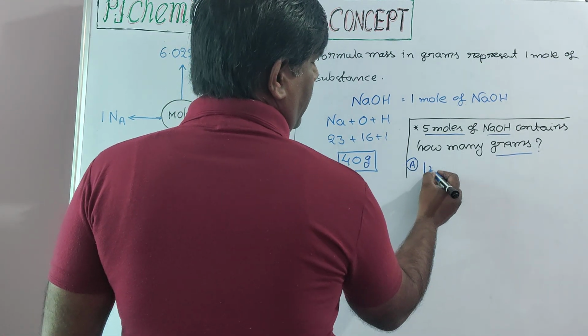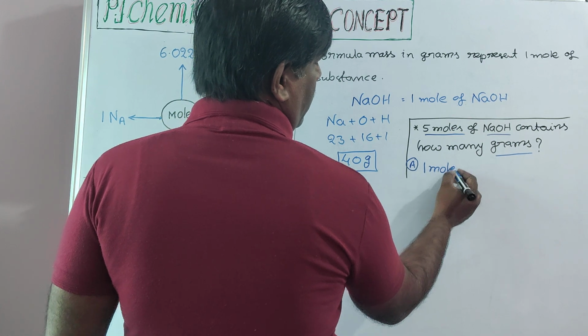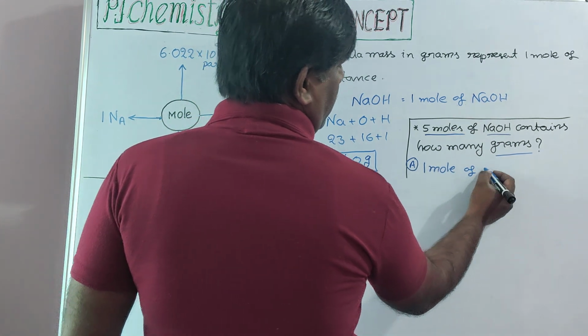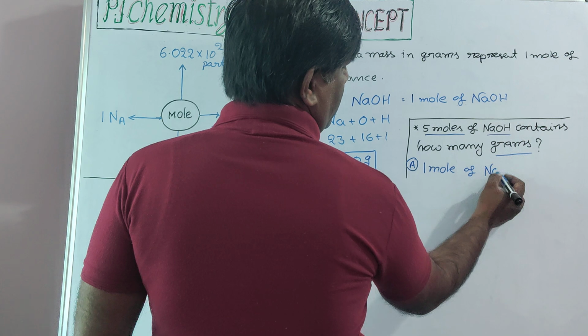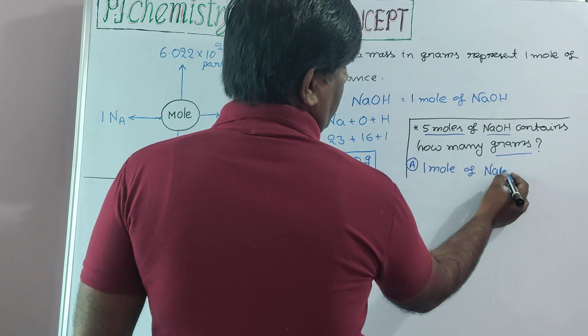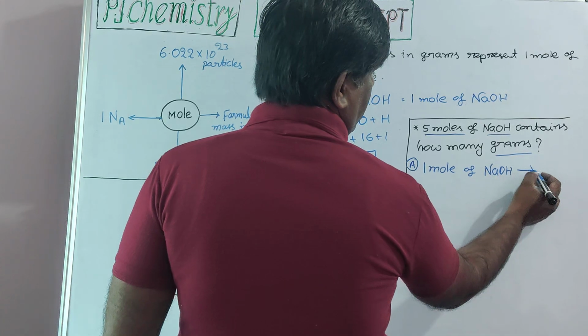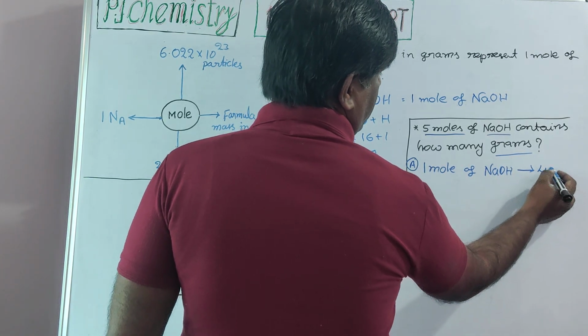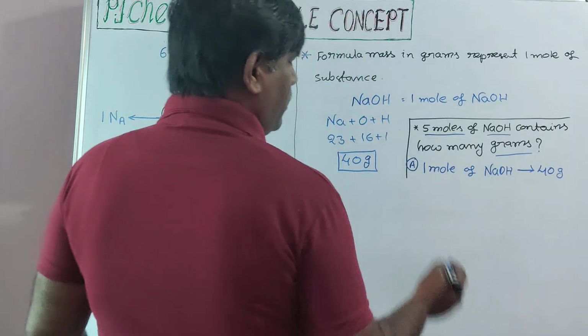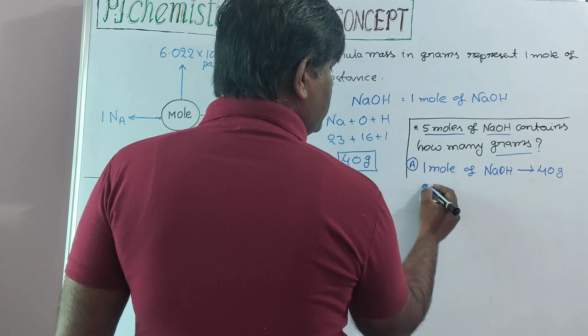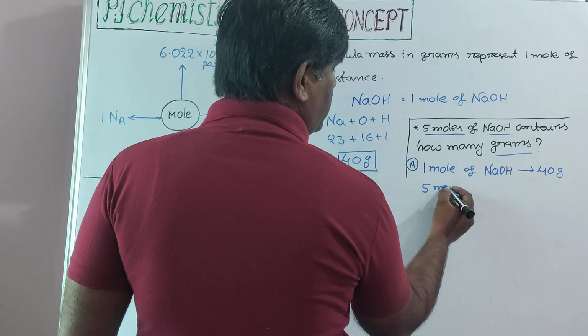1 mole of NaOH is 40 grams. Now, 5 moles of NaOH is how much?